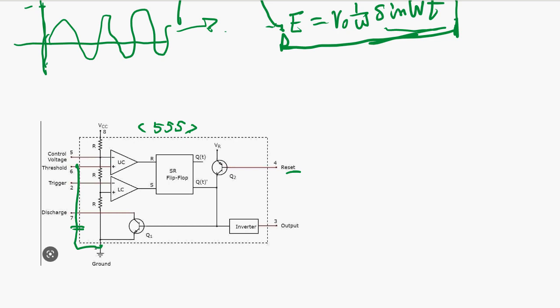After reset, this voltage increases, and it goes beyond a certain voltage. The flip-flop flips and turns on this transistor. When the transistor turns on, it discharges. You connect the capacitor, so it is going to be discharged, dropping the voltage almost to zero.